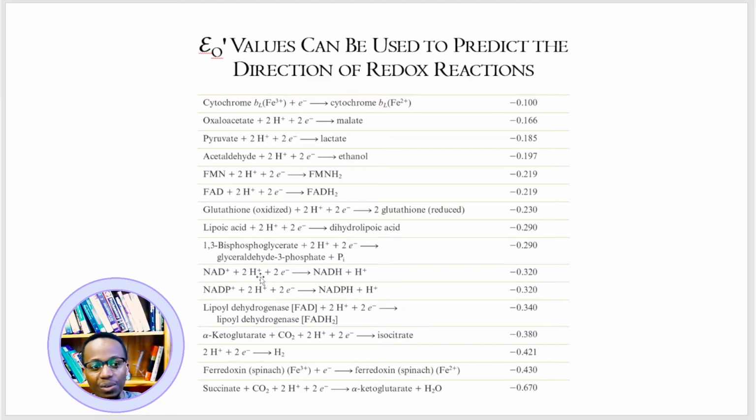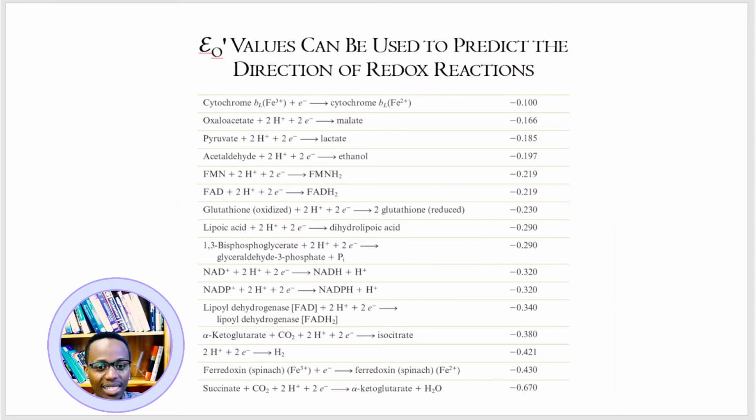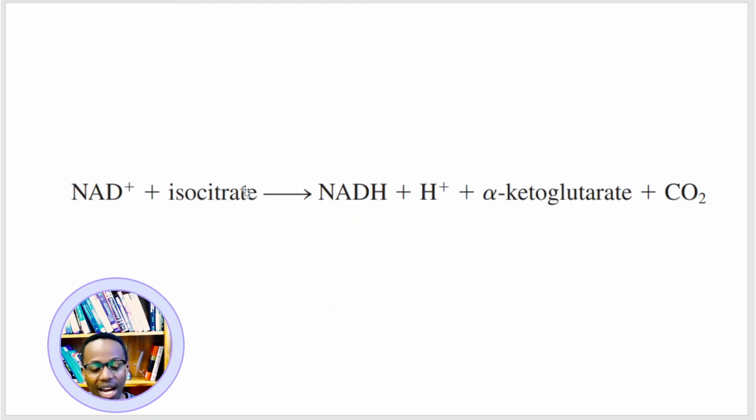NAD plus is going forward, NAD plus giving you NADH plus H plus, but isocitrate is reversed. What does that tell you? It tells you that NAD plus is going through reduction, because these are reduction potentials, and isocitrate is going through oxidation. So the half cell for NAD plus will be written as it is. The isocitrate is reversed.